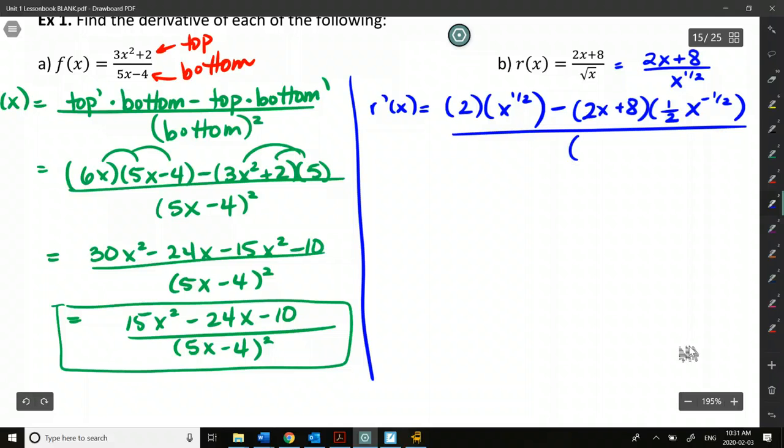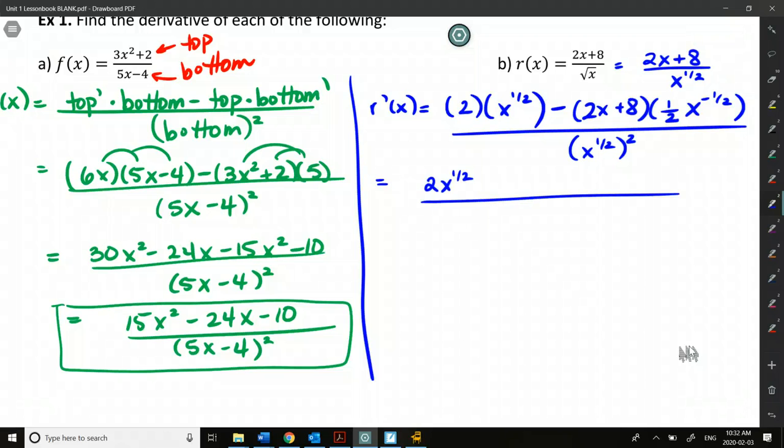Okay, all over the bottom squared. Bottom squared is x. Essentially we're squaring a square root, so we'll just be left with x on the bottom.